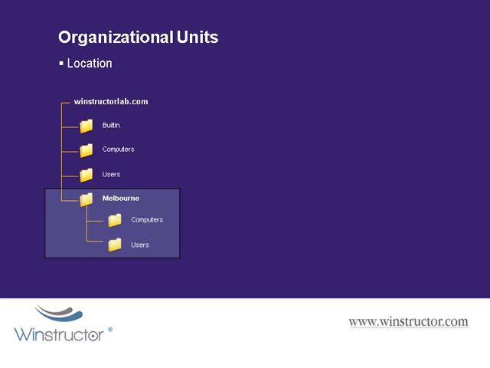So the location-based OU structure does have some significant advantages. Firstly, it's easy to find out where objects are located. For example, if a user account is inside the Melbourne OU, you're immediately able to identify that this user works in Melbourne. Now, if your company decides to branch out into new territory, it's a basic task to add another OU to represent the new location.